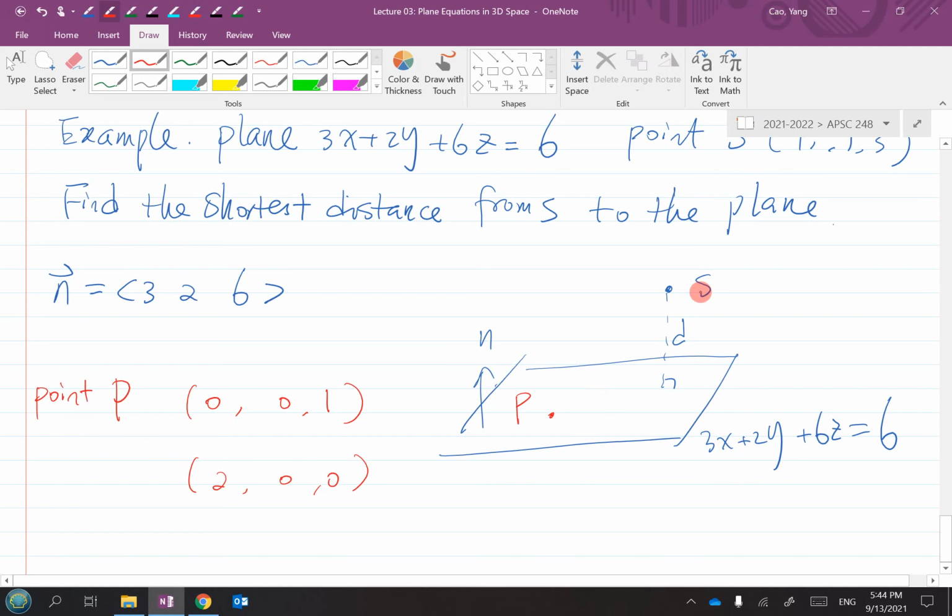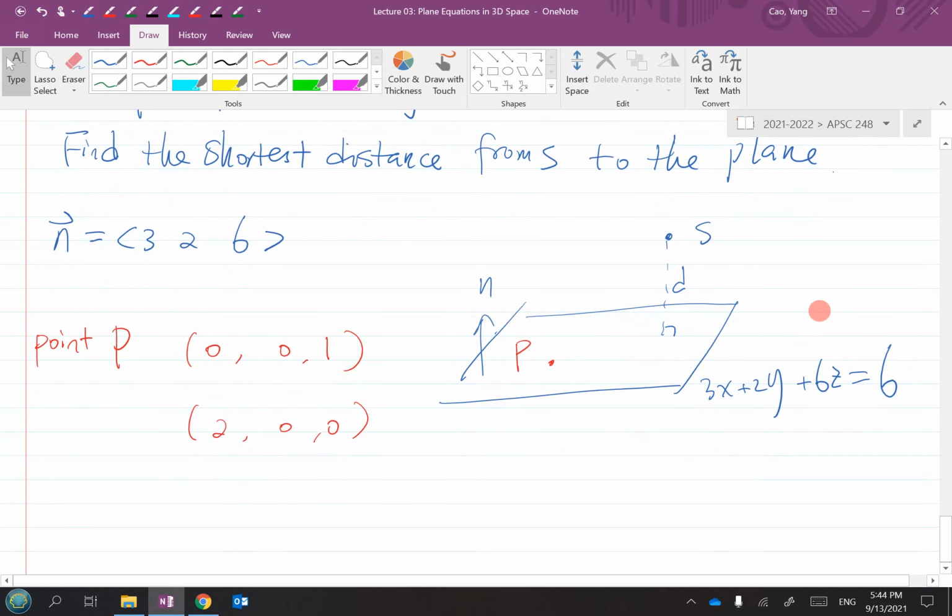From here, it requires a little bit of training and critical thinking. So I'm going to give you a hint, back to my conclusion when we did the review of the dot product. I emphasized a lot that when you have a vector dotted with a unit vector, what does that give you?